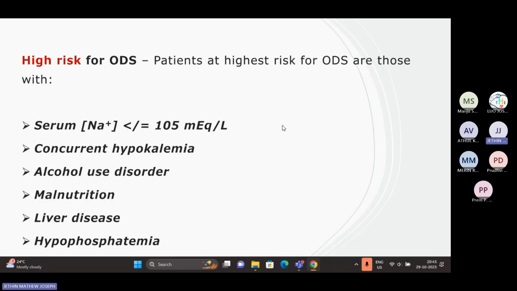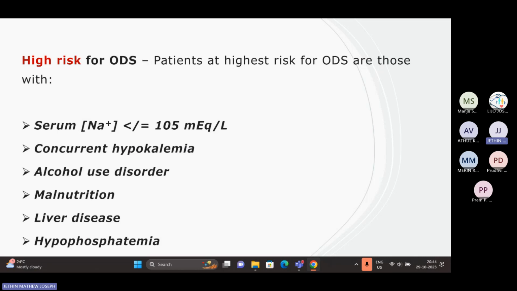Other cases where there is a high risk of overcorrection are patients at risk for osmotic demyelination syndrome. So you have to be careful while correcting hyponatremia in these patients also. Patients at high risk for ODS are those with, obviously, chronic hyponatremia, along with serum sodium of less than or equal to 105, so very severe reduction of sodium in the serum, and concurrent hypokalemia.